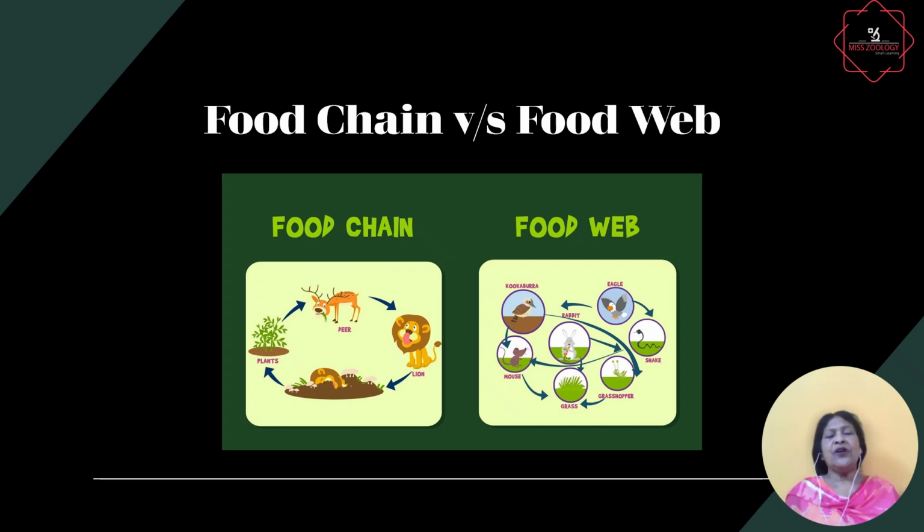The second point on which we need to give the difference would be about the availability of alternate sources of food. In food chain, there is no alternate food source available at the trophic levels. But in food web, the trophic levels are usually provided with alternate food sources.